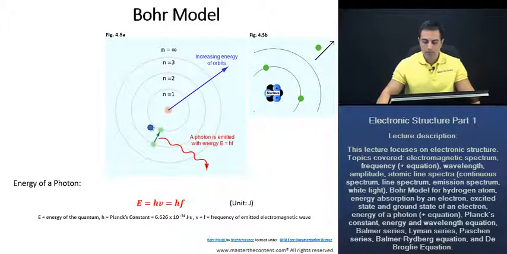Now, what that means then is that the electron cannot be right here in between orbits, and the reason being is that electrons don't build up energy. Either the electrons are going to be able to absorb or emit enough quantum energy that they move to one orbit or the other. They're not going to be in between as such.